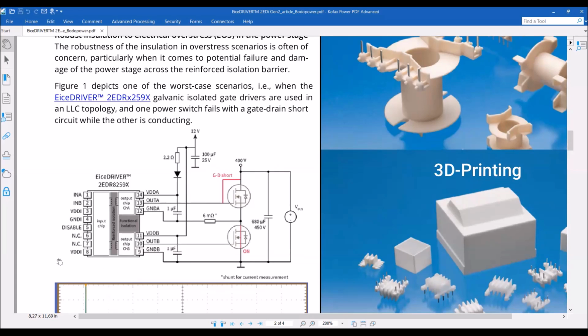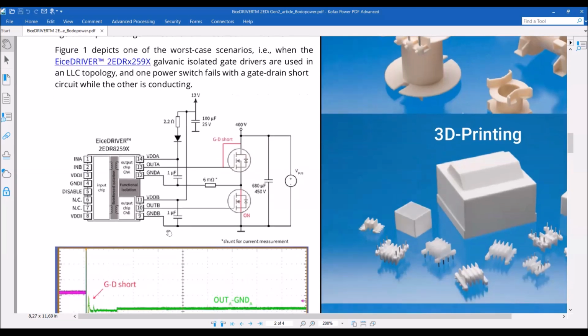It's a test that checks the isolation between the input side and the output side of the driver. In all tests, it proved that the isolation was never compromised. In our chip, the isolation element is on the input chip, so the isolation is never compromised because the input chip is always protected.